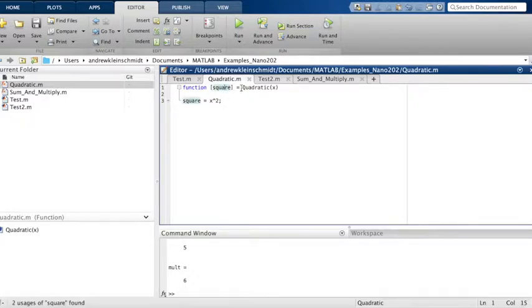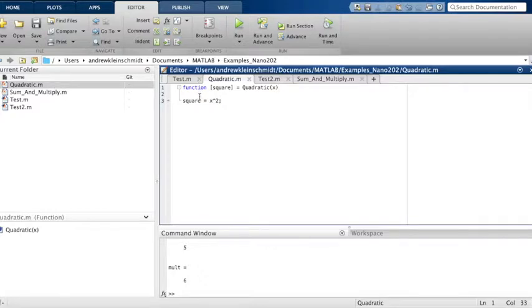All right, we say that's equal to the name of the function, quadratic, and then in parentheses we've got the variables that are being given to the function to modify. In this case, it's only getting in one variable, and we've decided to name it x.